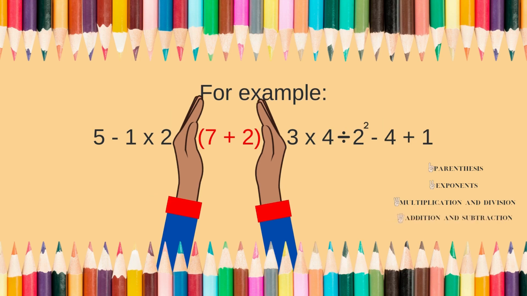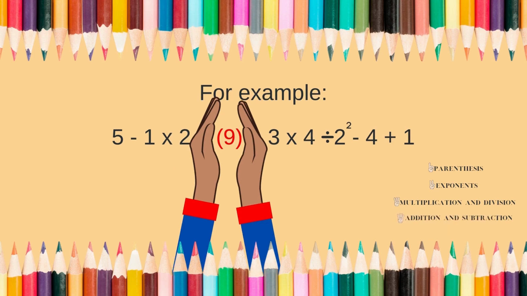The answer is 2. That leaves us with 7 plus 2, which equals 9. Once you solve all operations inside the parentheses, you can just get rid of it.